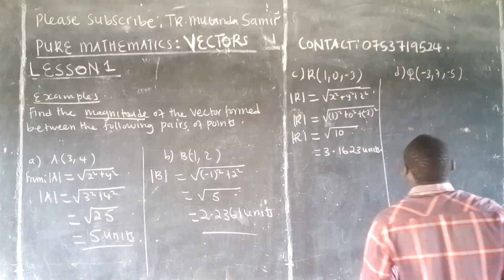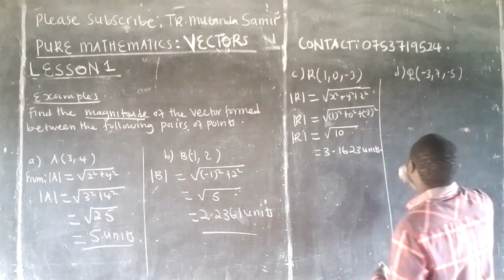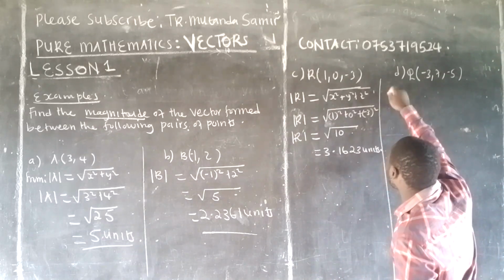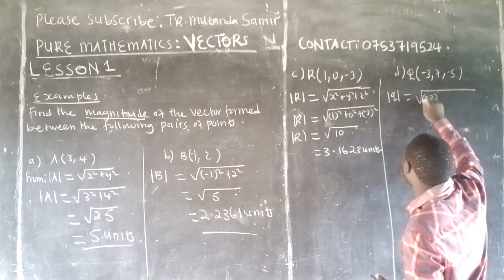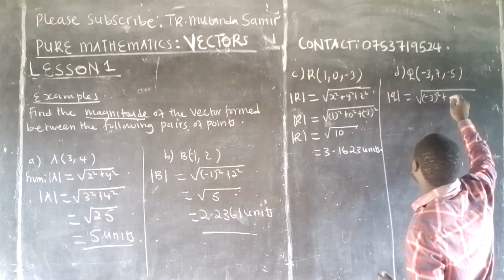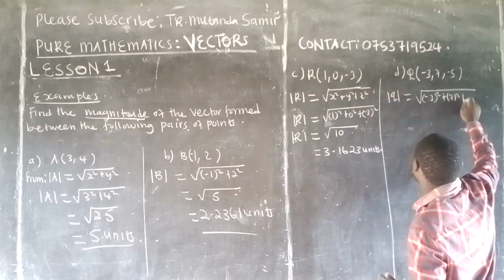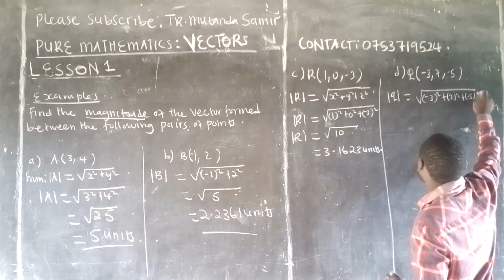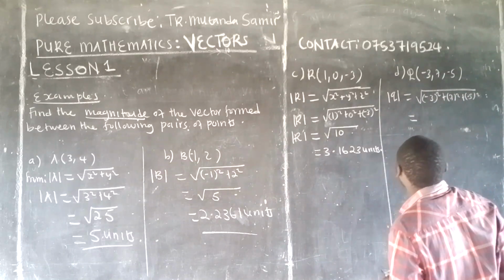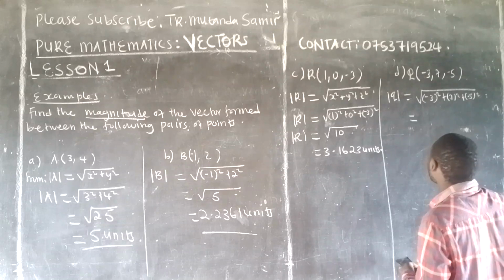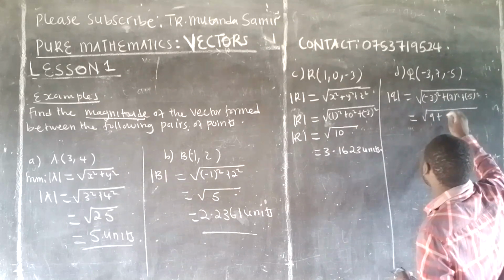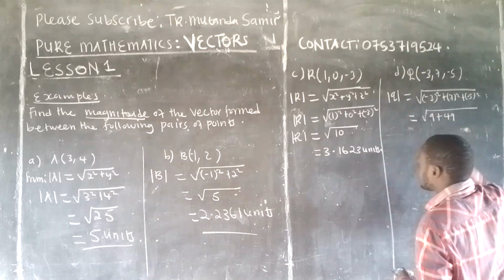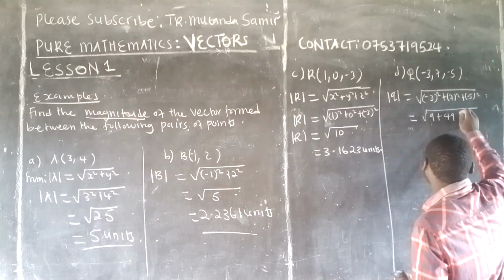Okay. Lastly, you have this. Therefore, the magnitude of q is just equal to the square root of negative 3 squared plus 7 squared plus negative 5 also squared. Which answer are we going to have here? In simple terms, if I simplify this, it will give me 9 plus 49. 7 squared is 49, not 14. Please use a calculator.